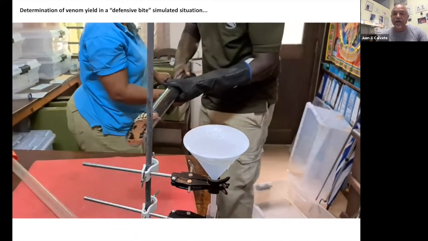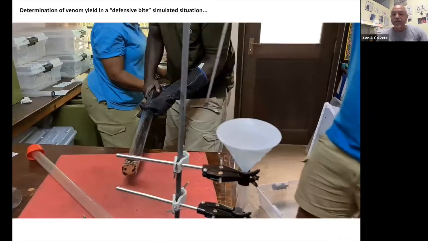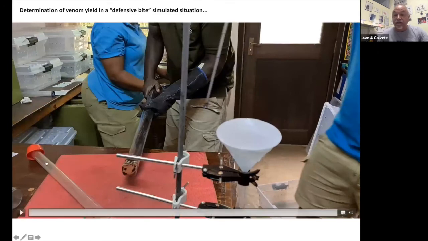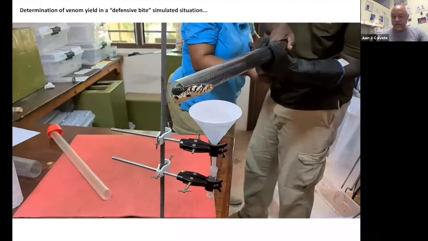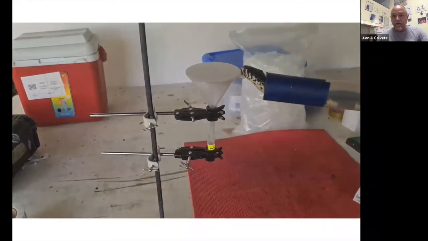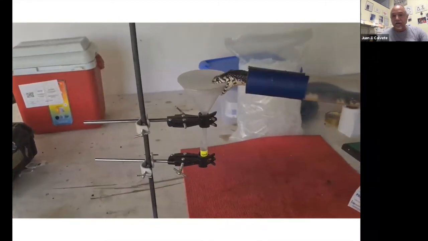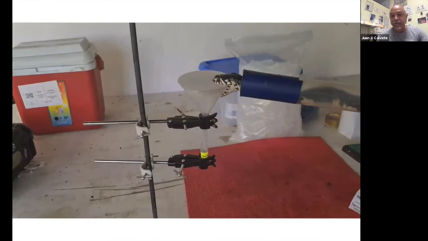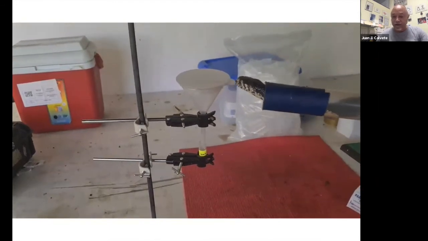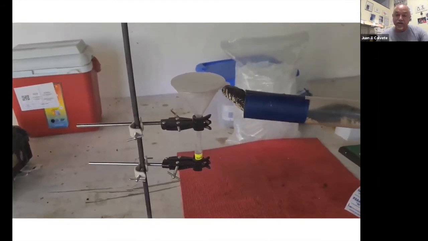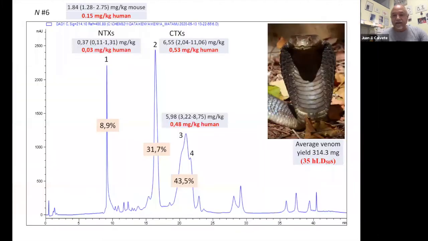What we need in the clinic to know is what venom a species will deploy in a defensive bite, which is always what causes a human accident, not a predatory bite. Different snakes have different habits of biting, and of course different yields of venoms.